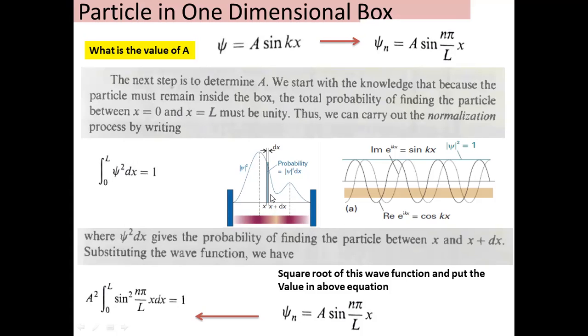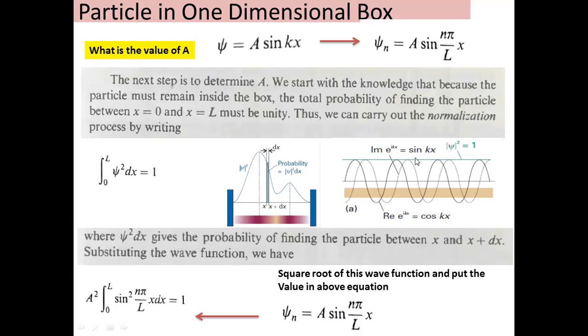And the probability of finding the particle, or you can say the density of the particle or the density of the electron, must be equal to unity, that is indicated over here. So the particle is moving in a one dimensional box with the wave, and this we explained in the previous lecture.